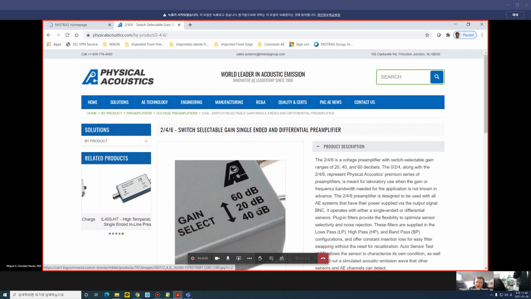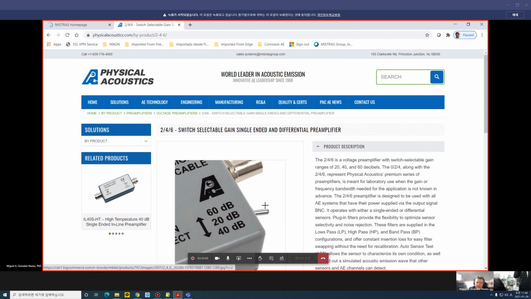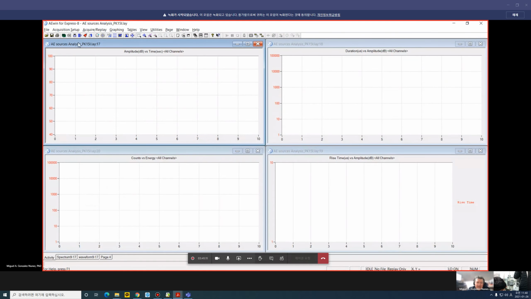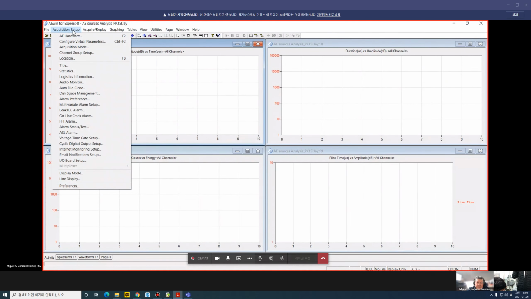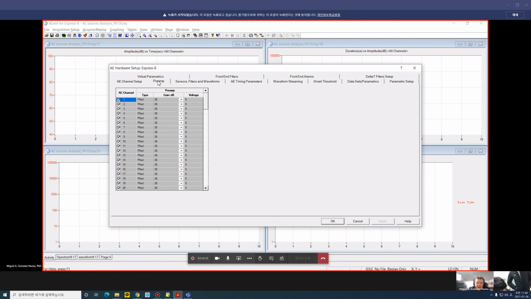Okay. Alright? Yeah. So whatever you choose here, 20, 40, or 60, it has to match in the settings that you use here in the preamp. Yes.